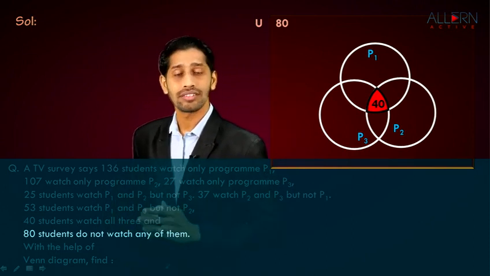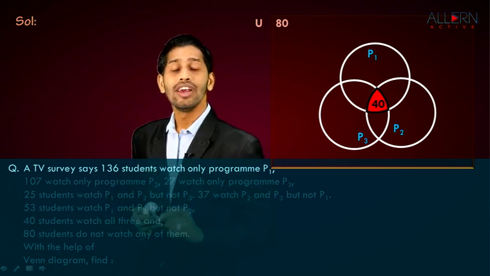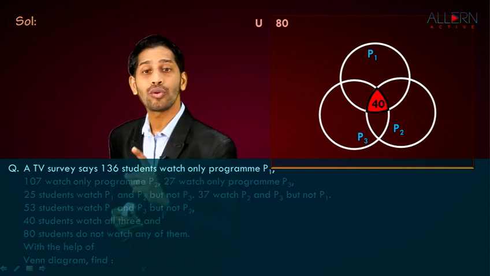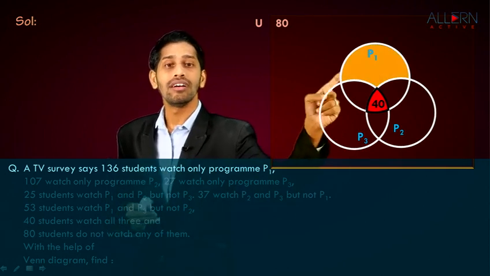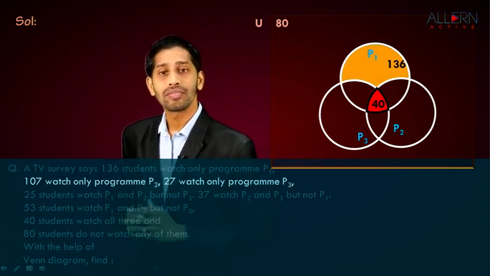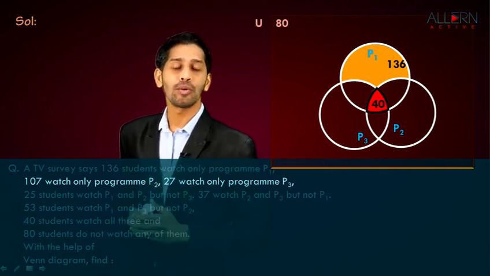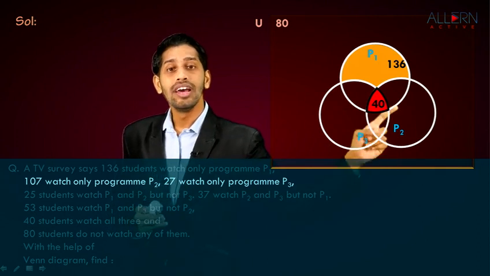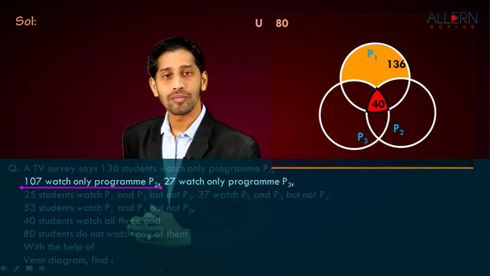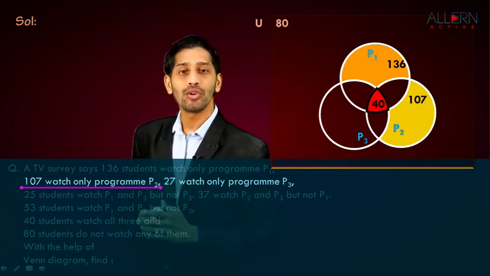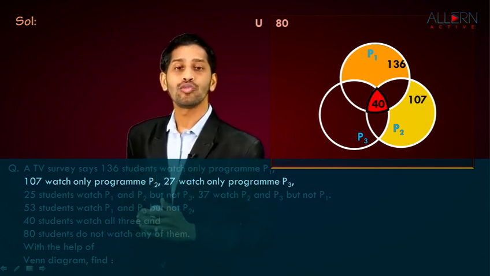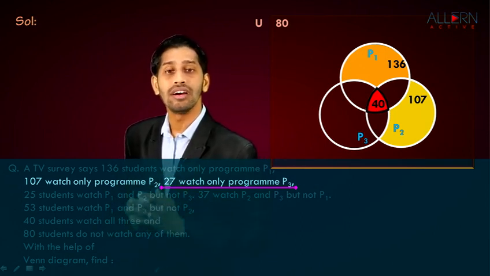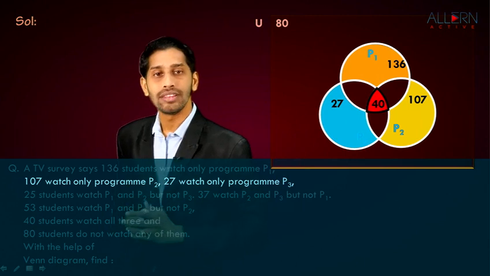Further it says that 136 students watch only program P1, so we write this 136 in the circle which represents P1. 107 watch only program P2, so we write 107 in the circle representing program P2. 27 students watch only program P3, so we write 27 in the circle representing program P3.